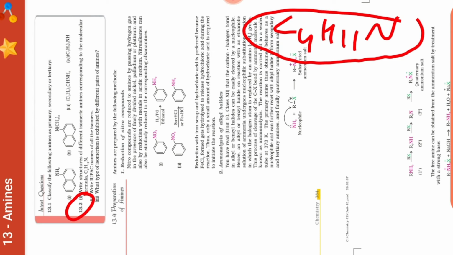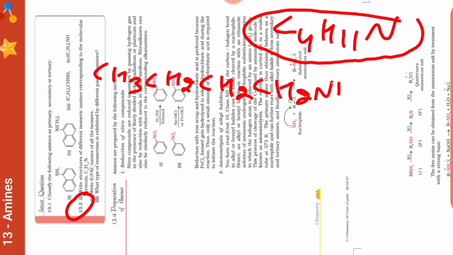What is the formula we have? C4H11N. Look carefully here: CH3, CH2, then again CH2, that is C4, and then after that NH2. Please count it.